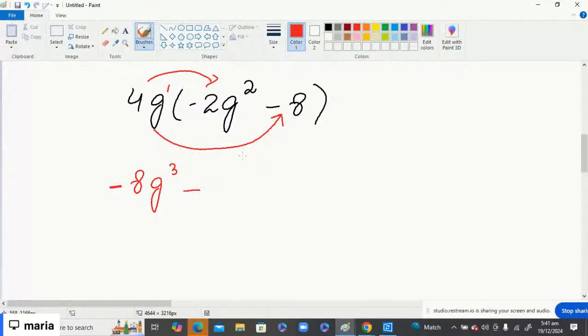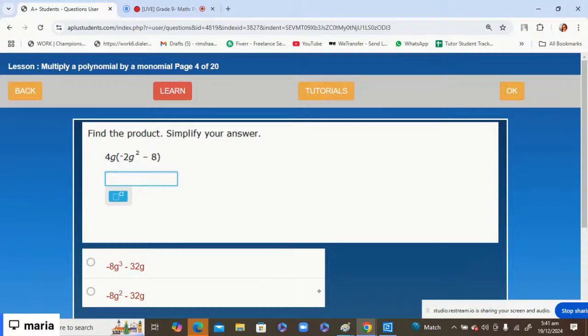Then minus 8 times 4 is 32g. So 8g cube minus 32g. Okay, this is the answer.